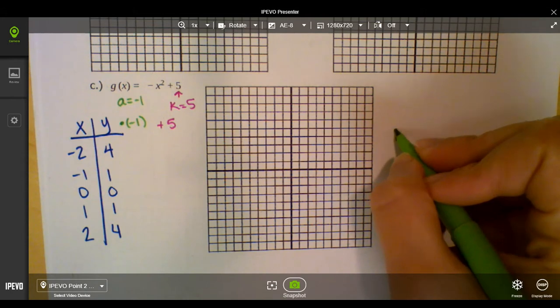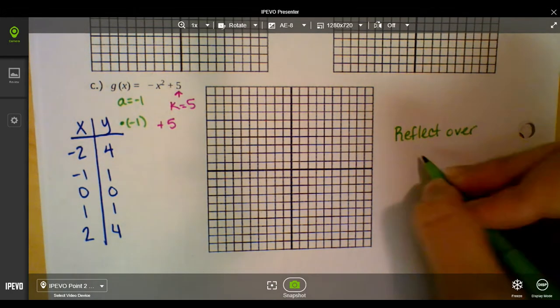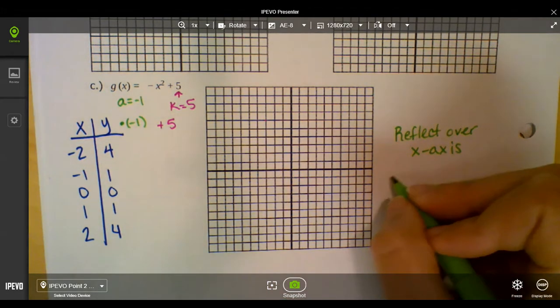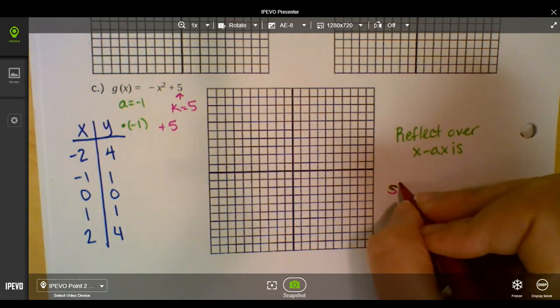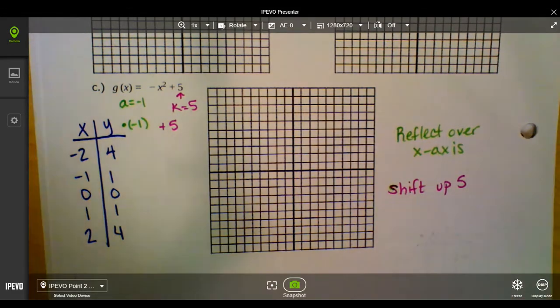That A that's negative is going to make this graph reflect over the x-axis. And then that K is going to shift it up. Okay, so when I graph this, I should see my original function getting shifted up 5 and getting reflected over the x-axis, which makes it turn upside down.